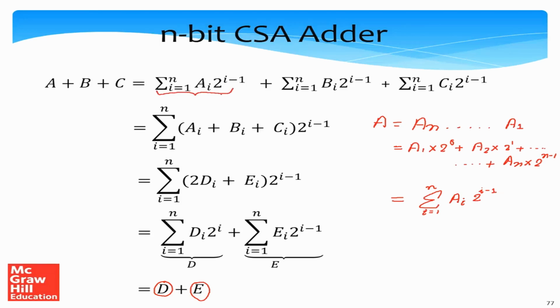This number here is A. Similarly, we can express B in the same way as a sum of powers of 2, where each power is multiplied with the corresponding bit of B. And we can do the similar thing for C.